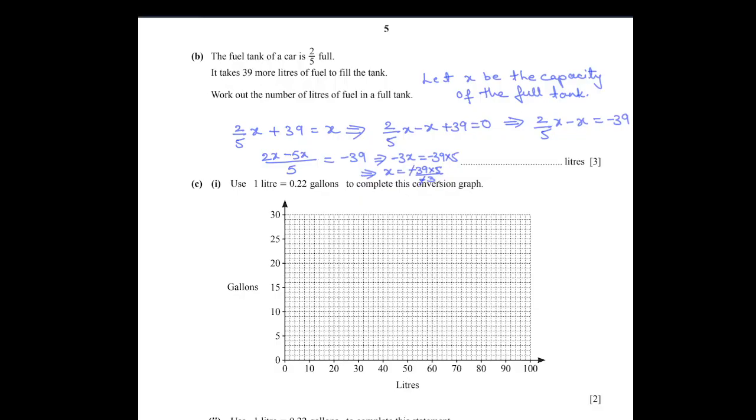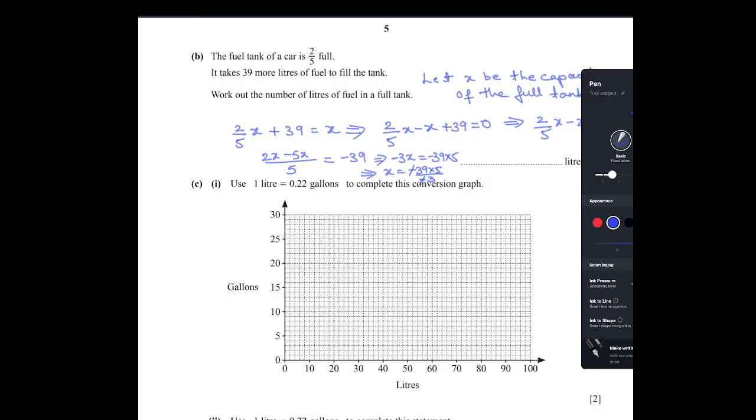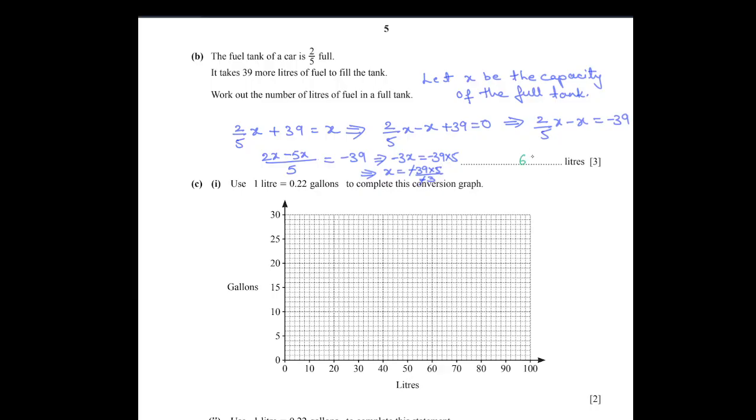So negative negative gets cancelled out. Now do this whole calculation in your calculator, you will get the answer easily. 39 into 5 by 3 is 65. So the answer is 65 liters, the total capacity of the tank.